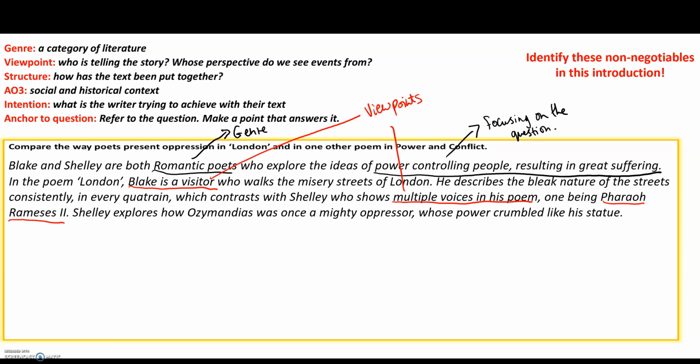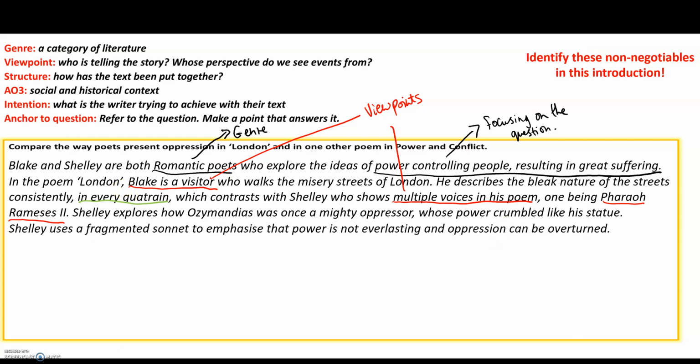Now, I did also use some structural techniques, so I'll just use a different color for that. So we've got in every quatrain, and Shelley explores how Ozymandias was once a mighty oppressor whose power crumbled like his statue. And then we've got our next part. Shelley uses a fragmented sonnet to emphasize that power is not everlasting and oppression can be overturned.